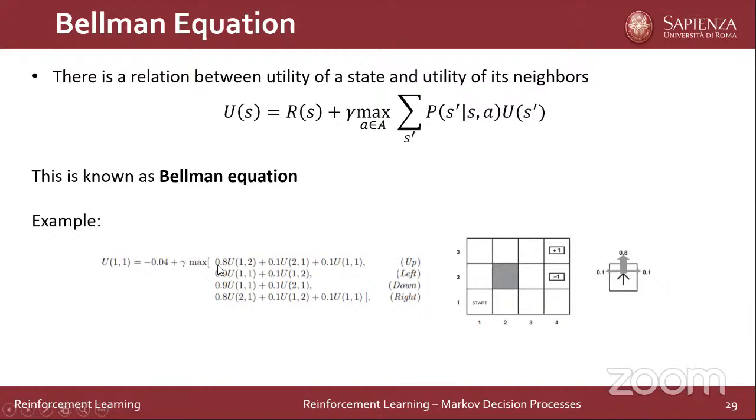So with probability 0.8, we can end up in 1, 2 if we go up. With probability 0.1 in 2, 1, and with probability 0.1 in 1, 1, we can stay, right? Because what I didn't say before is that if you have a wall on your right and you try to go right, you will stay in the same state. Okay, so this is how these MDPs are defined.